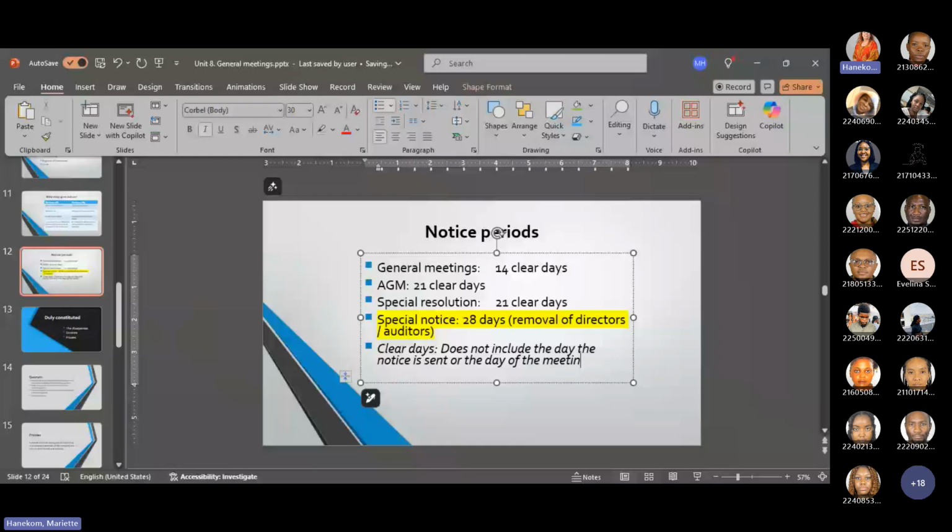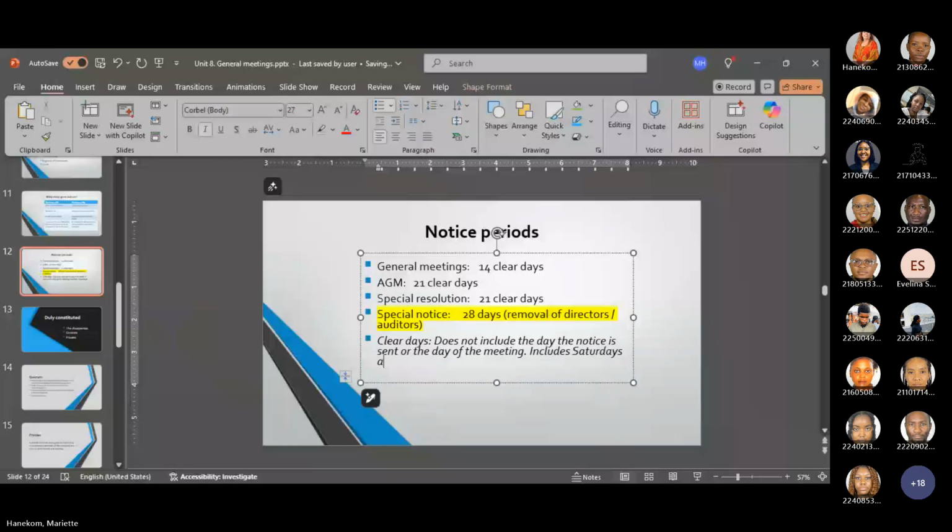It includes Saturdays and Sundays, but excludes public holidays.